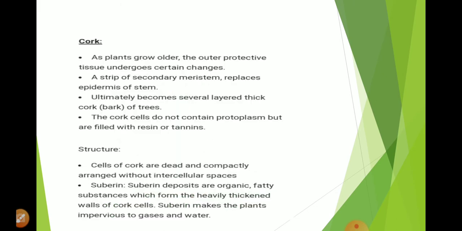The function of stomata: the main function is the exchange of gases, that is carbon dioxide and oxygen. Apart from this function, stomata also help in transpiration, discharging water vapors into the atmosphere and helping to cool the climate or the environment.